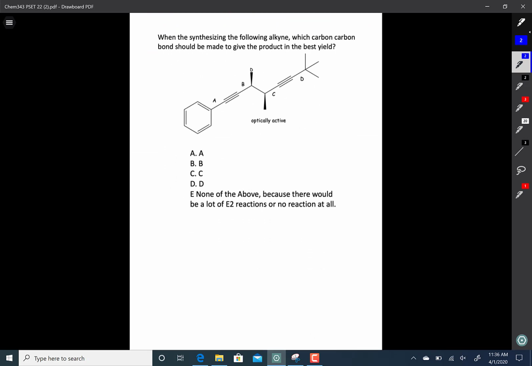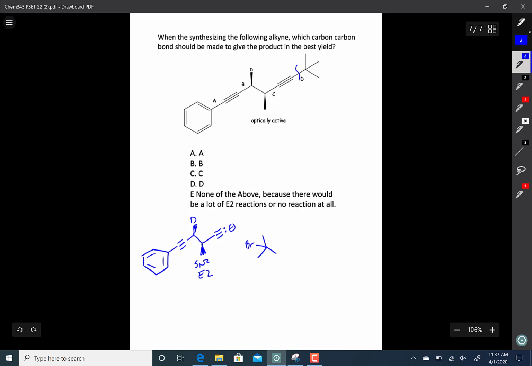Last option, D. So there's a carbanion there. There's a bromide there. Again, we can do SN2 and E2.